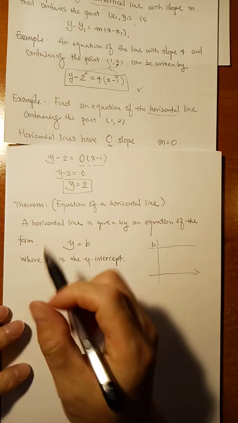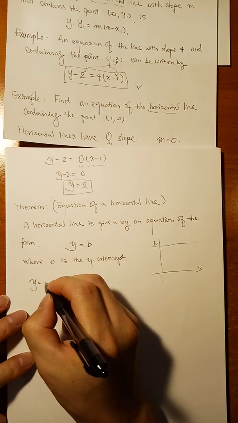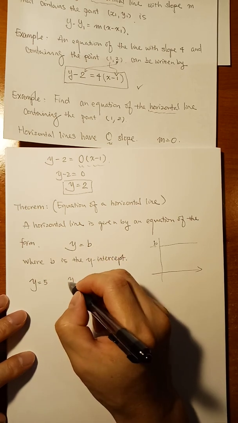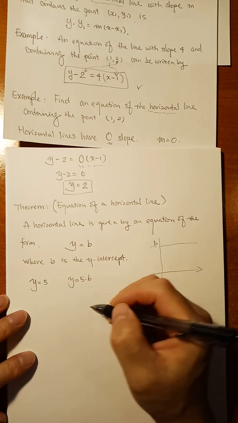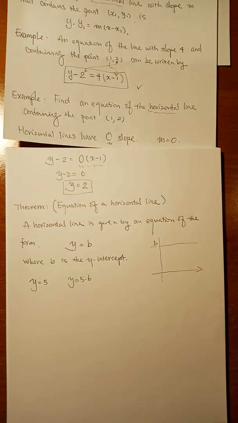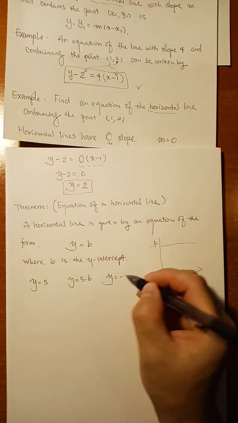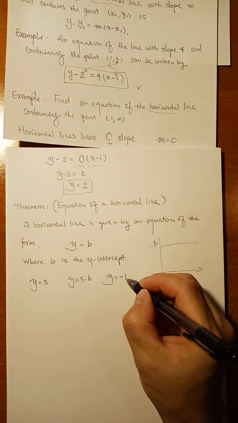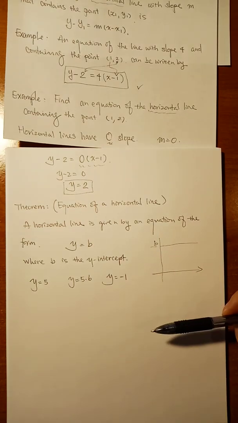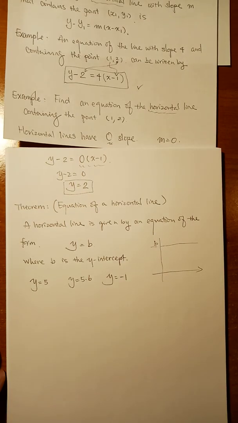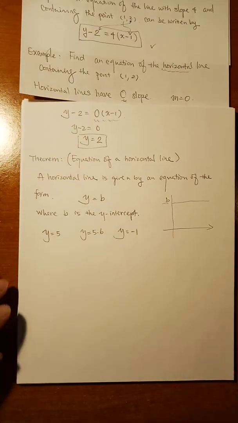So you can say that y equal to, for example, 5 feet, or y is equal to 5.6 feet, 5 feet 6 inches, or whatever value, or maybe y is equal to -1, it's under the ground, right? So anyway, they are horizontal lines.